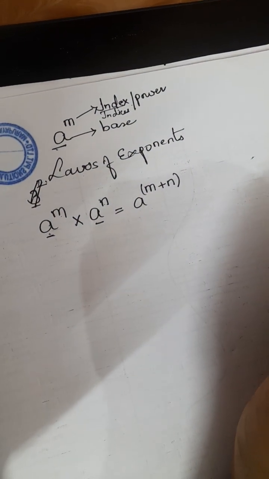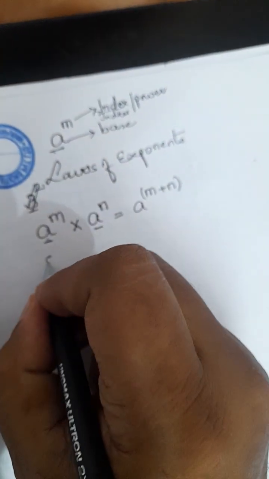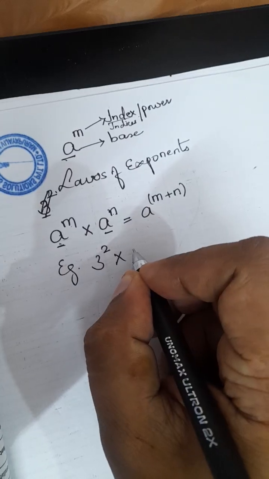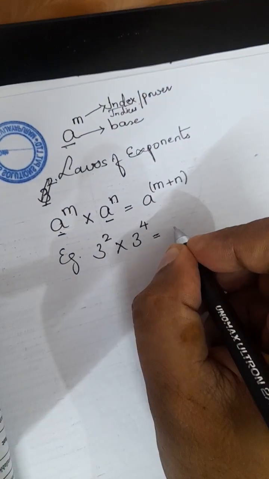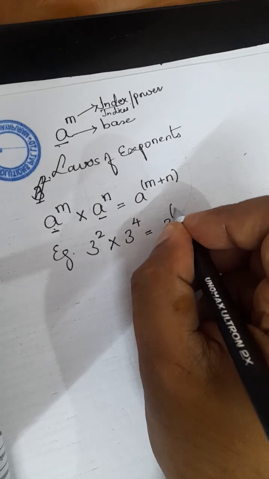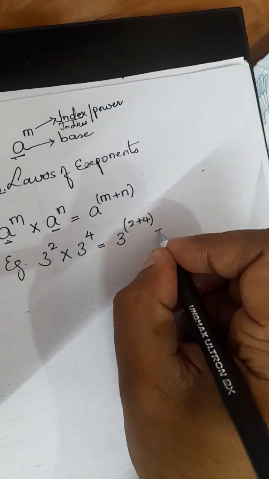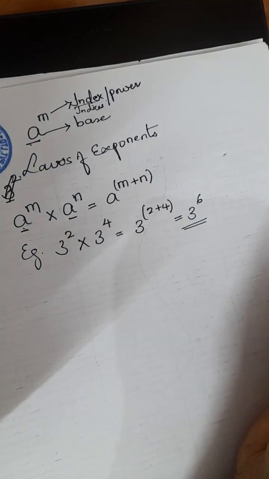For example, 3 square into 3 to the power 4 is going to be 3 to the power 2 plus 4, that is equal to 3 to the power 6. So this is the answer.